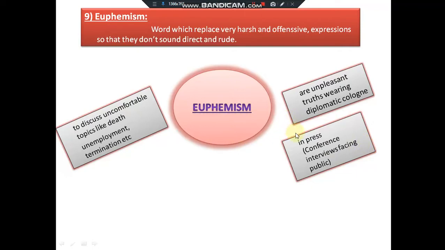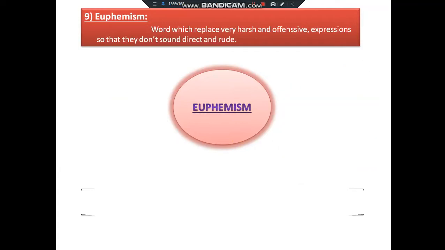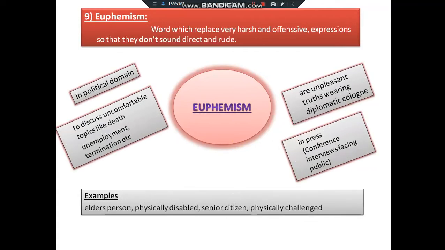And you might have observed that in press conferences, interviews, when the public is faced, we use euphemism. In political domains, we also use such expressions to cover the rudeness or direct impact of the words.